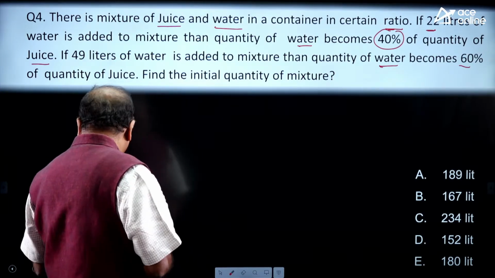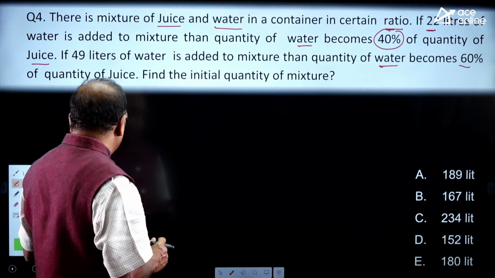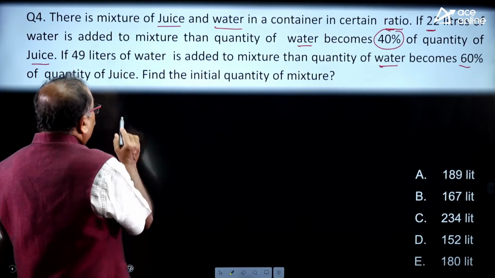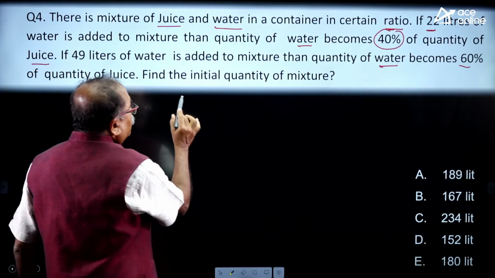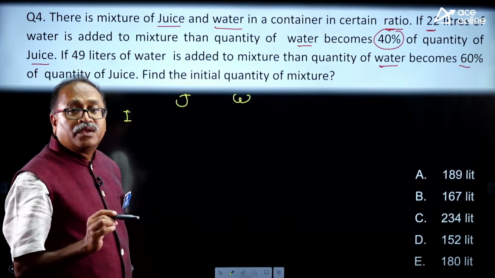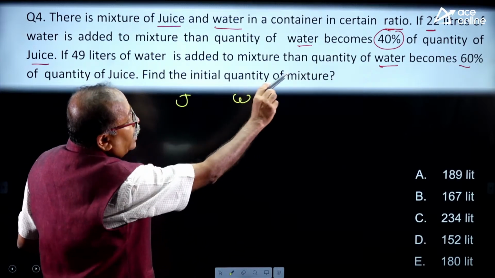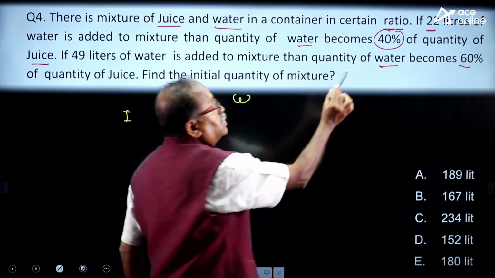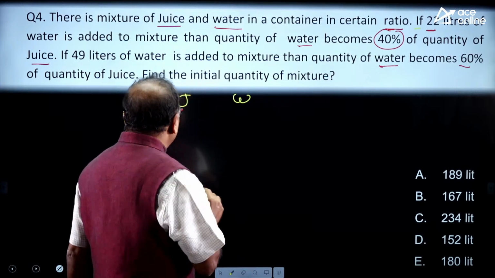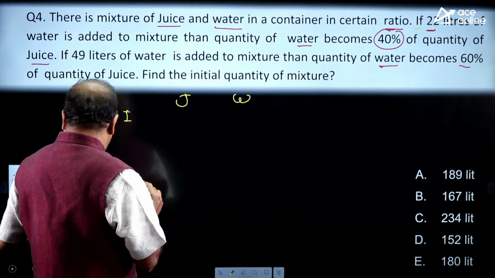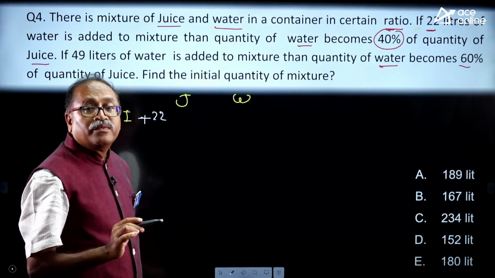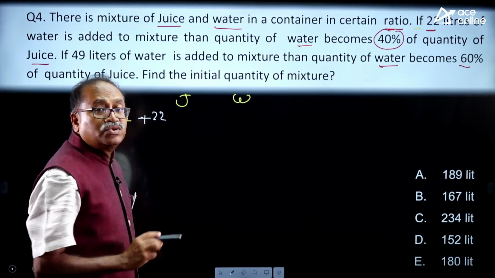In order to start this one, I am giving some clue. In case 1, I just write J for juice and W for water. If we are adding 22 liters of water, then what is the ratio of juice to water?